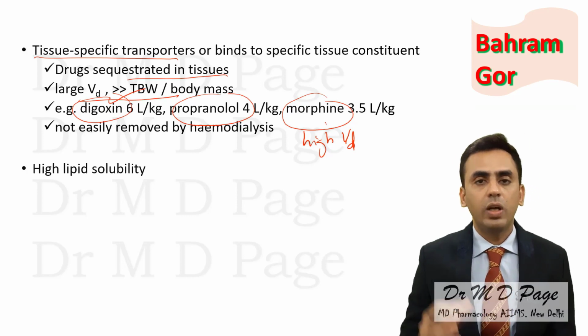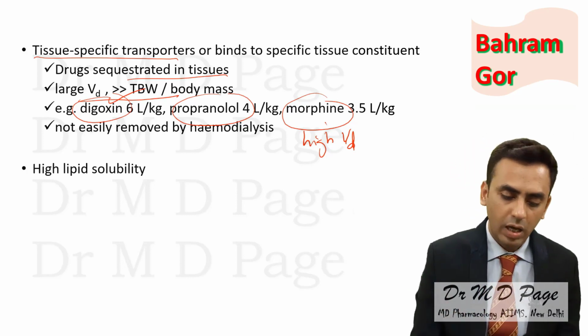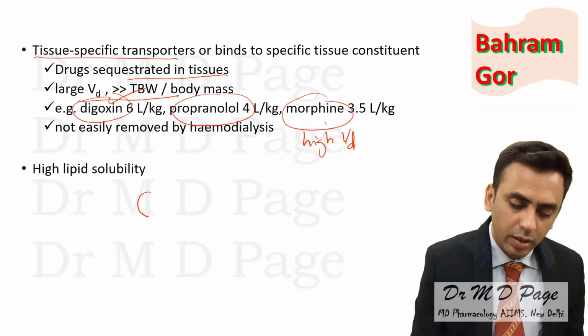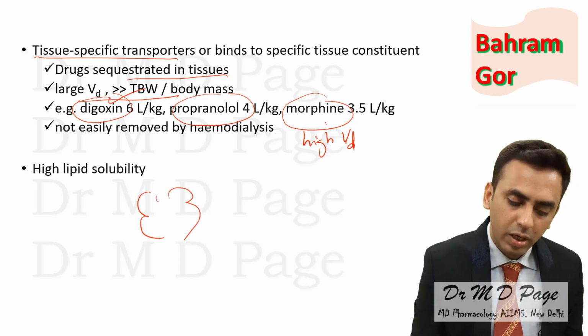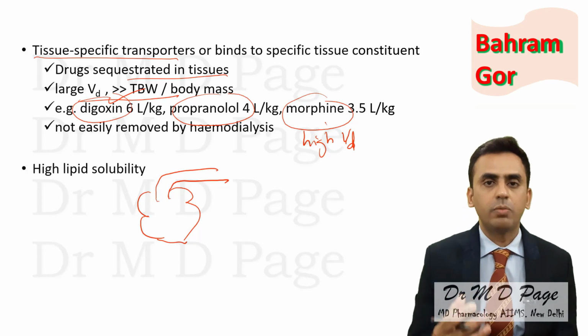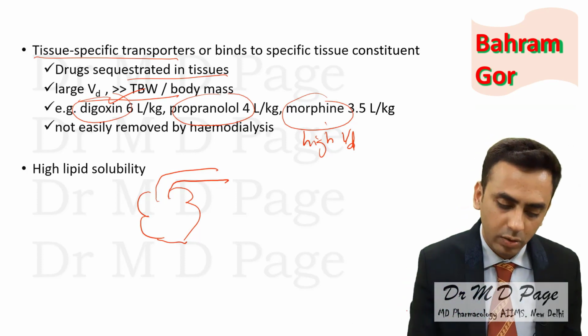Consider now the fourth scenario. Consider if the drug has very high lipid solubility. The heart will pump the blood, correct? But you all know the flow of the heart is variable. Some organs get high flow, some organs get low flow.